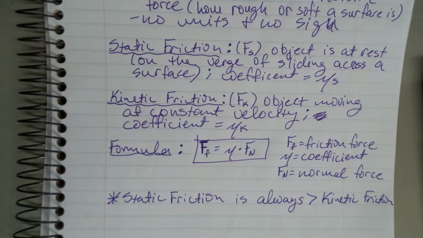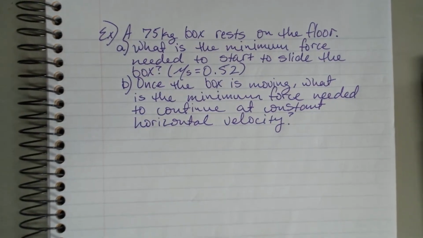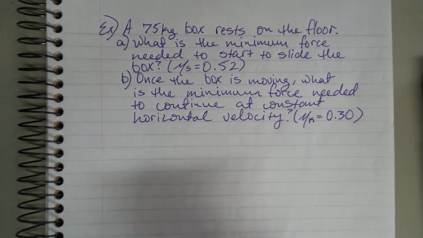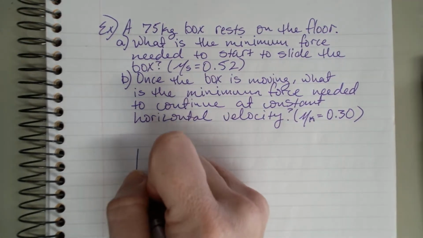Make sense? All right. So now I have an example problem for you to do. We have a 75 kilogram box on the floor, and we want to push on it. First I'm going to draw my force diagram.